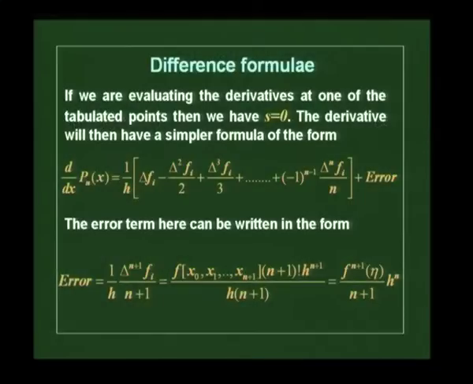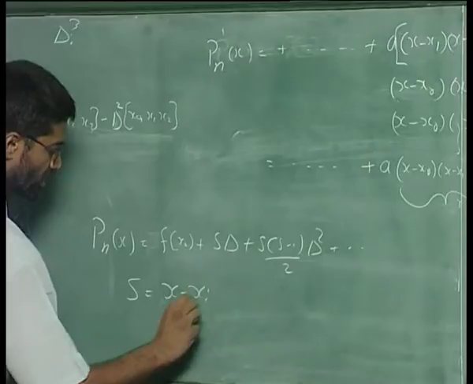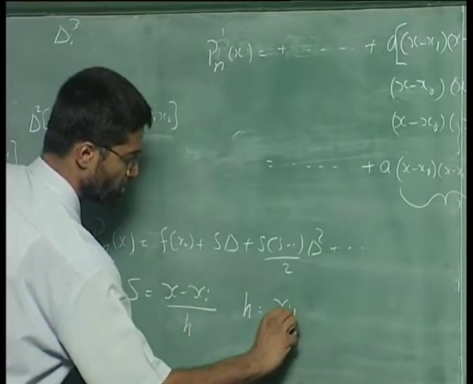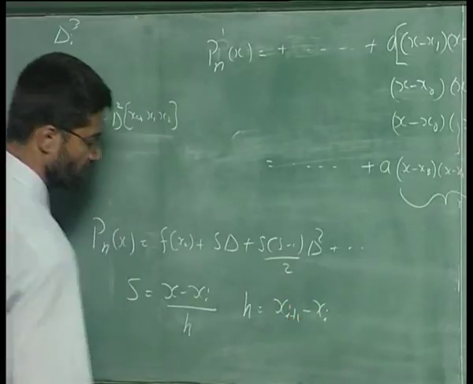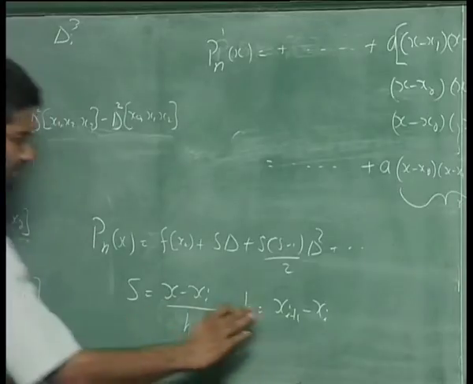Then we can construct from this polynomial the derivative of that with respect to x. Now, instead of using the s here, again to remind you that s was x minus xi divided by h. Now h is equal to xi plus 1 minus xi, the difference between any 2 points, which is the same, because it is an equidistant set of points.